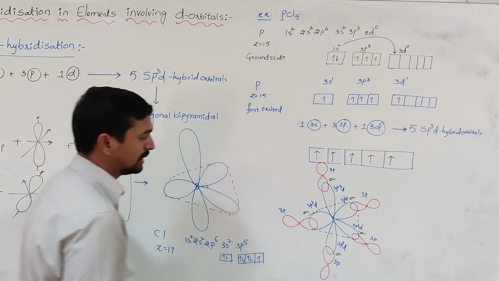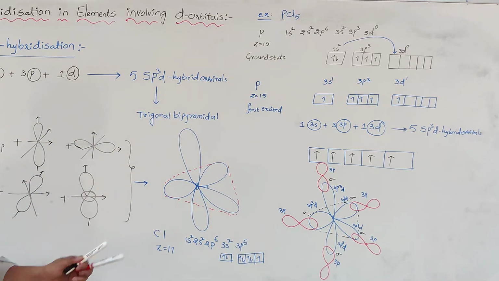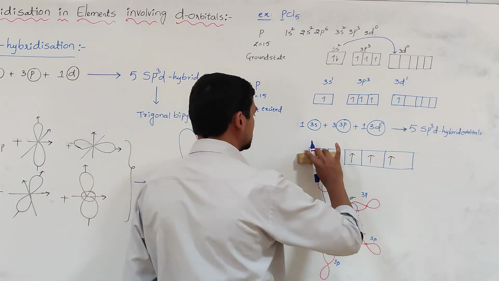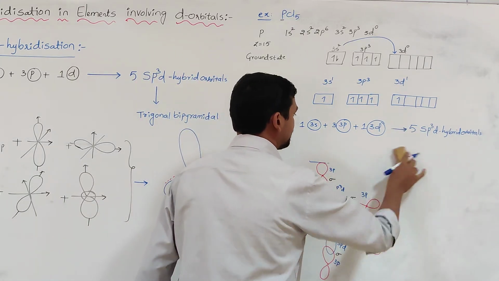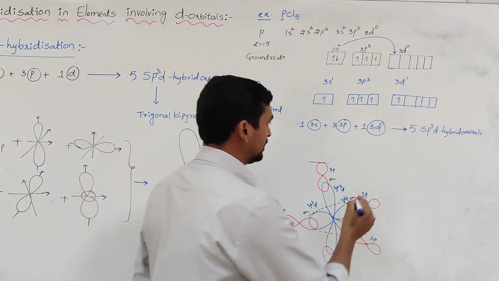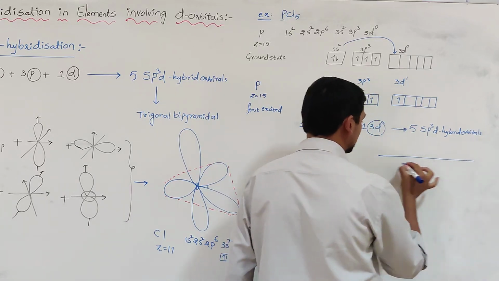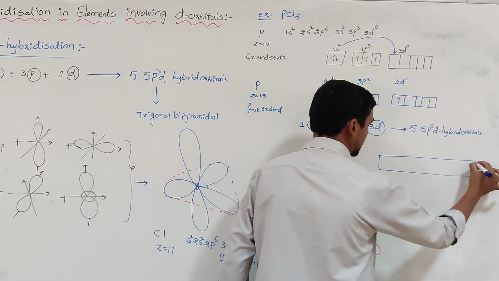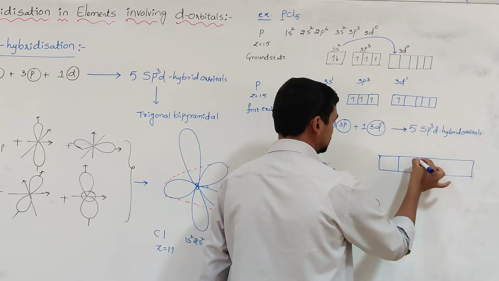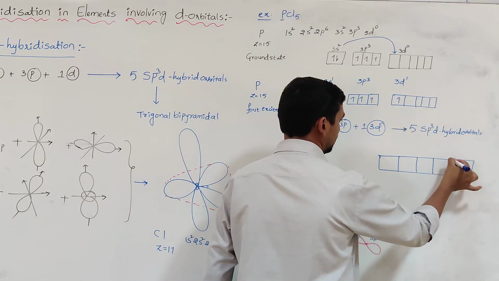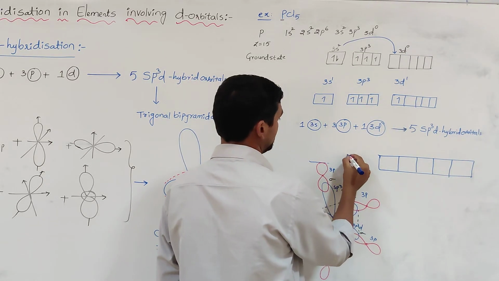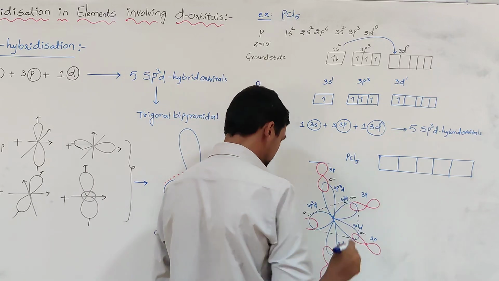Like that, the sigma bond is formed. We can show that simply in a box diagram like this. Once again I will draw this one. The 5 are there, 1, 2, 3, 4. This is the PCl5 molecule formed now.